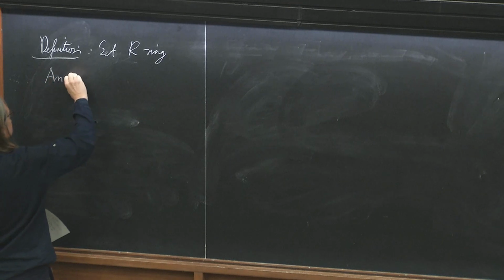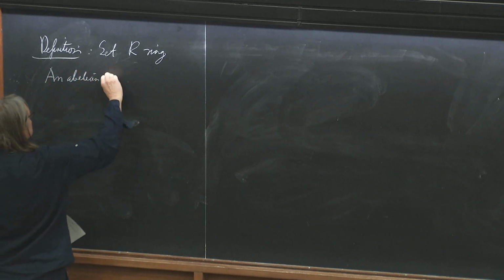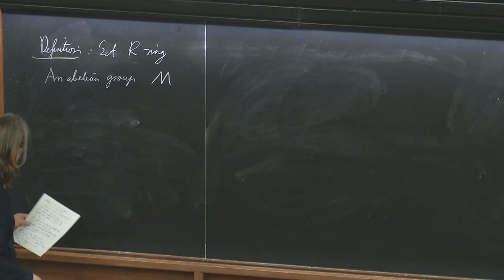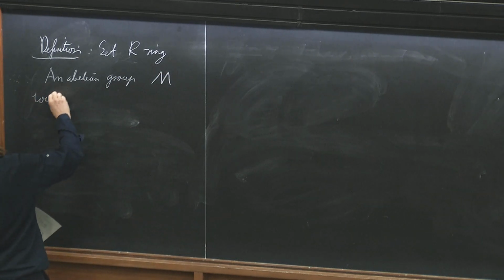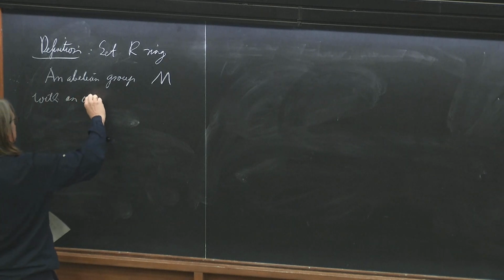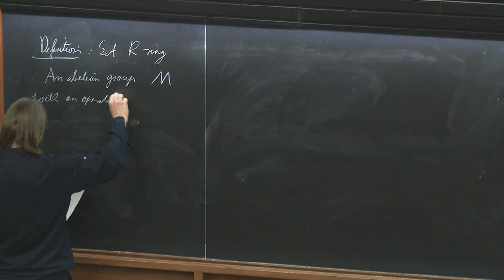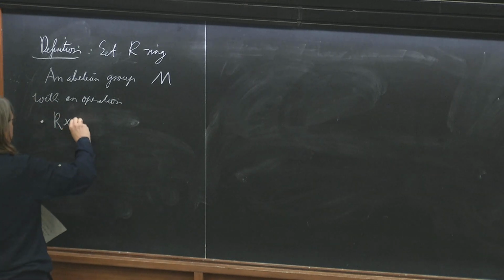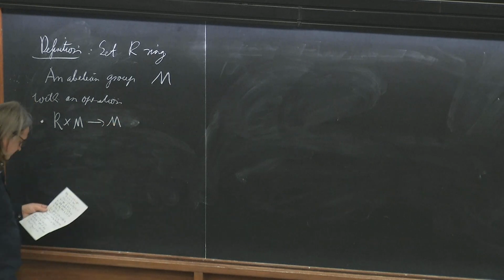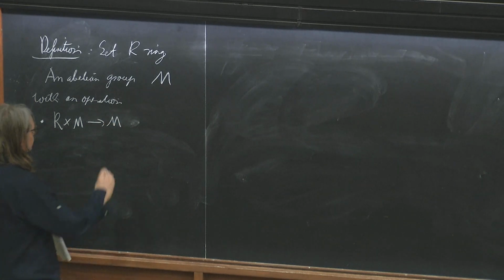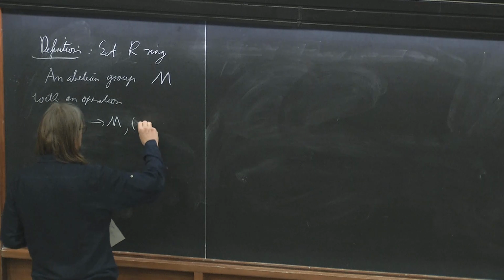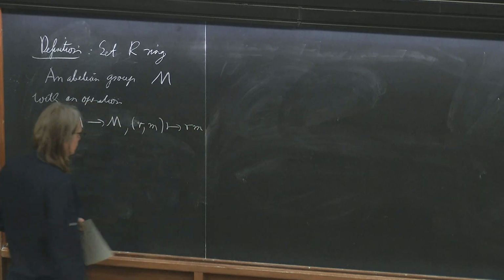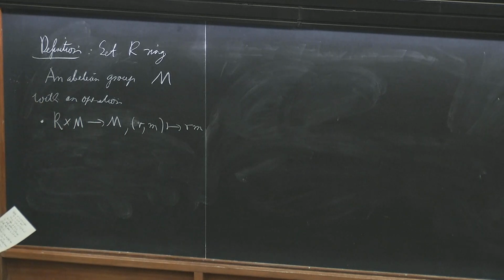An abelian group M with an operation, multiplication from R times M to M, so an element r in R and an element m in M is sent to rm, is called an R-module.